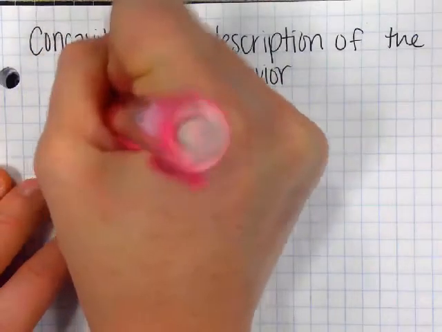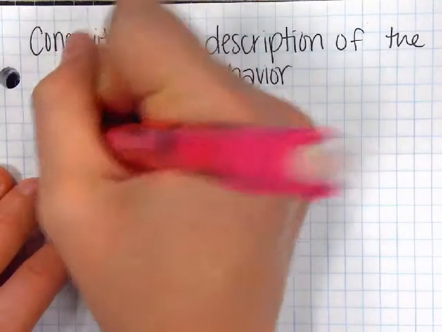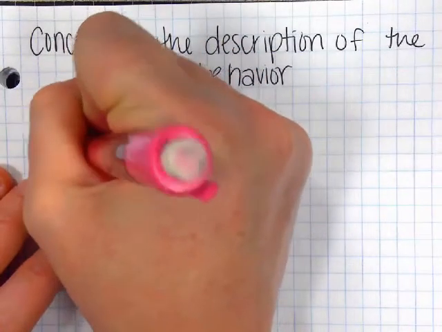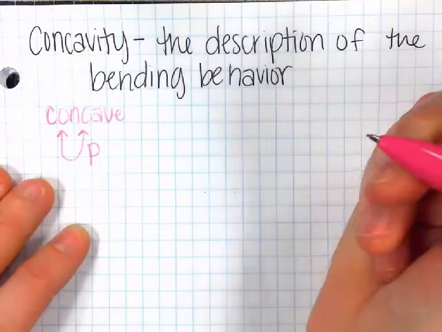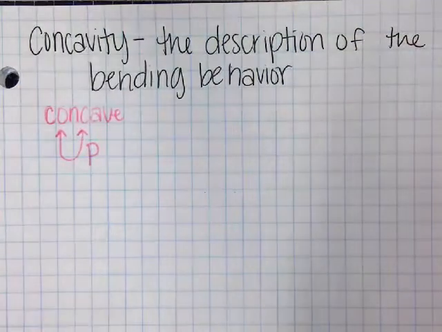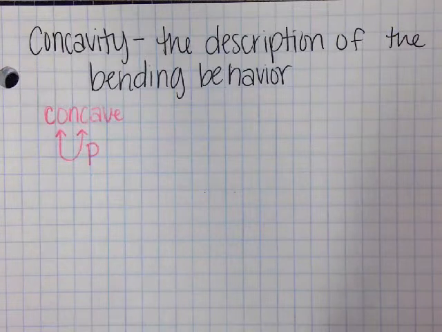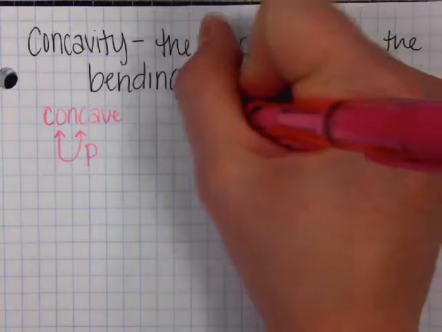So if we say concave up, this is what up looks like. So it's concave up. I always think like a smile face is up.